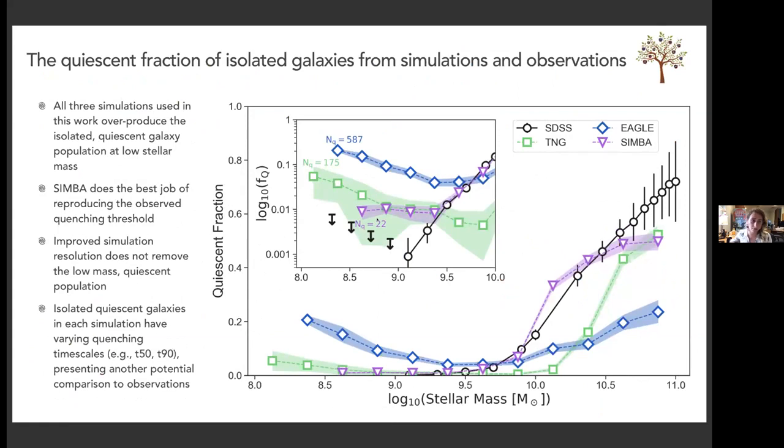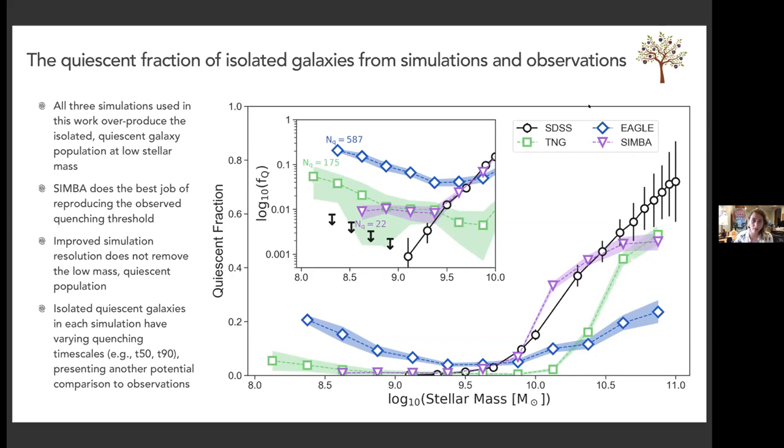That would be a great thing to add in. We found that the Eagle reference box was consistent with the higher resolution large volume. We saw a slight decrease in the quiescent galaxy fraction for the recal, and we actually saw an increase in the quiescent galaxy fraction in the Simba box.